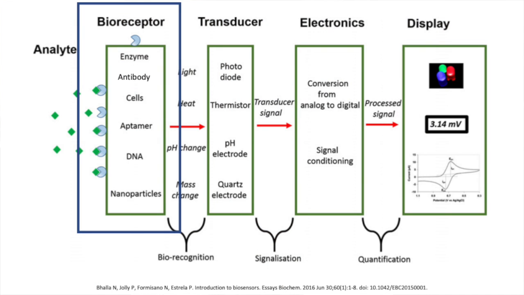But what exactly is a biosensor, Juan? Well, a biosensor can be defined as an analytical device which is composed of three main elements. The first element is the bioreceptor, which normally is biomolecules, or even entire cells.